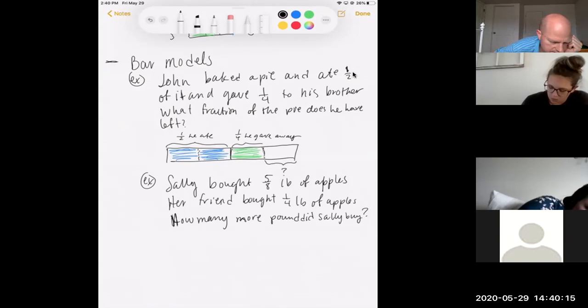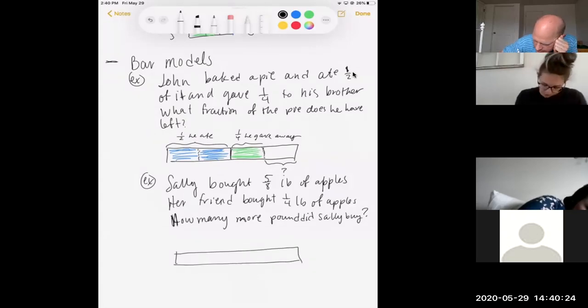Okay. Now you can depict this in a few ways, but in the book they were doing things like this. You have your bar. You have 5/8 to depict first. So you can divide it in half and divide those halves in half. I want 8ths, so I can take those fourths and divide each one of those in half. You get some 8ths there. And we did 5 of those. 5/8 pound here.